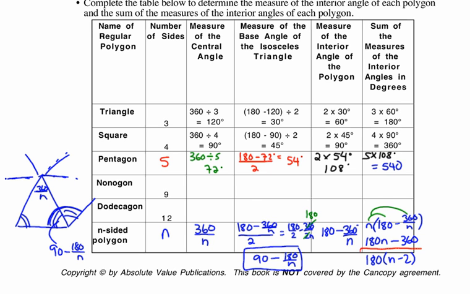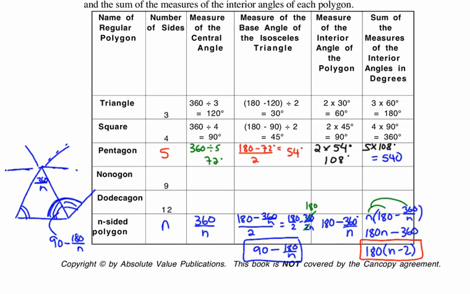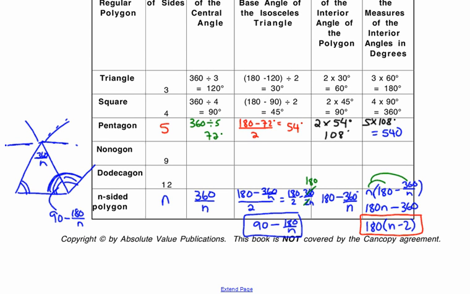So this is basically the proof that the total sum of our angles in a polygon is 180 times n minus 2, where n is the number of sides. So just to check, let's try our 5 sides. So if we have 5 sides, then n equals 5. 180 times 5 minus 2 is equal to 180 times 3.